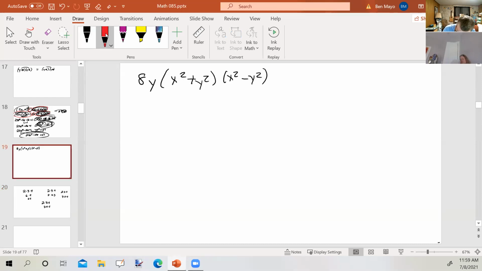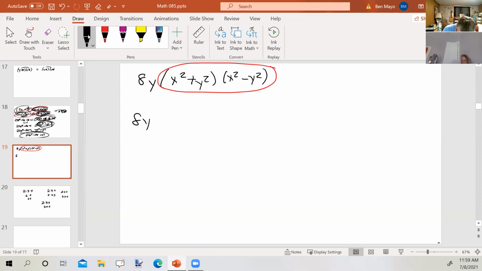If I look closely, this is that conjugate pair. So if I multiply those together first, I'm going to get rid of a bunch of stuff, which is nice. And then I could take the 8y and distribute it. Okay, so what I'm going to do is this.